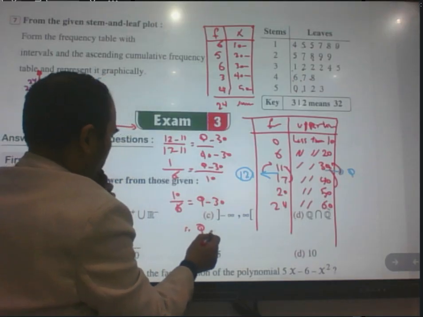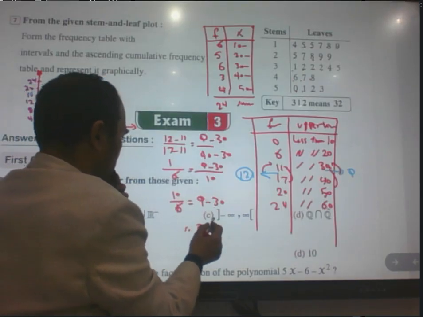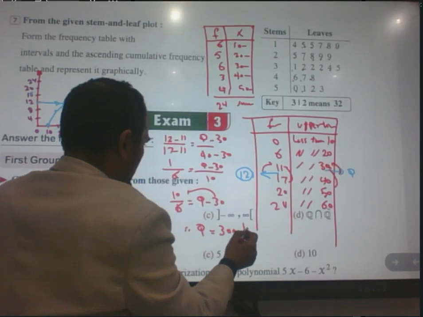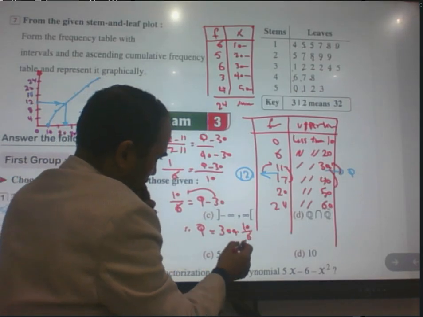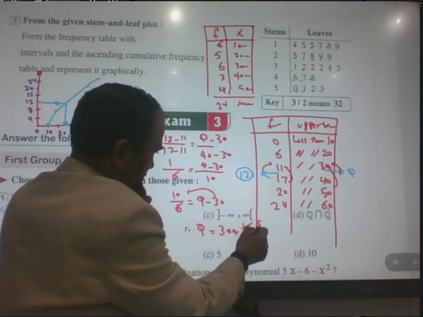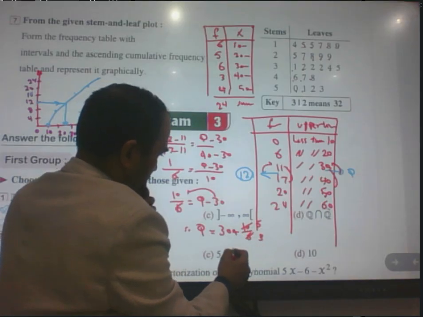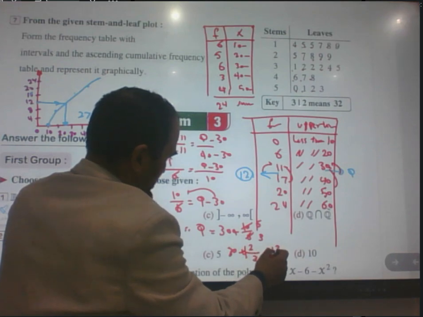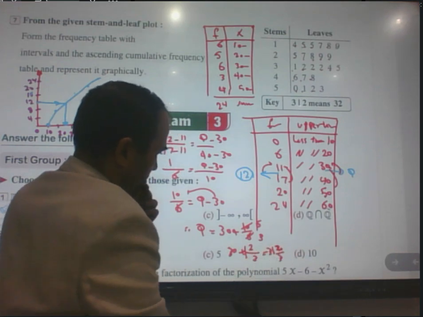The value of the median: Q equals 10 divided by 6, plus 30. 10 over 6 we can simplify by dividing by 2, it will be 5 over 3. 5 over 3 is 1 and the remainder 2 over 3. 1 plus 30, the result will be 31 and 2/3.